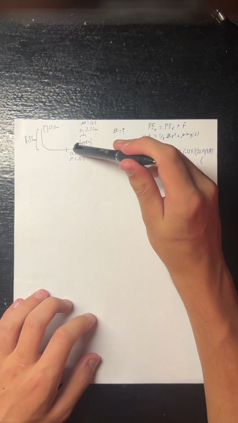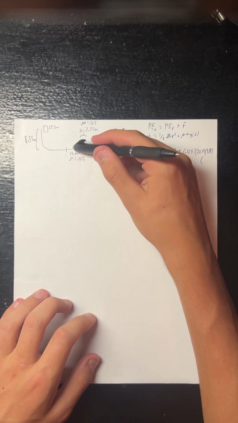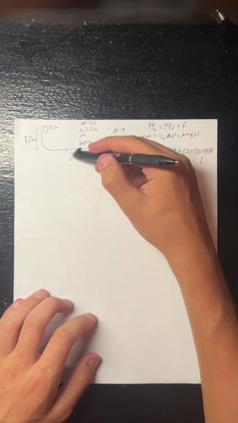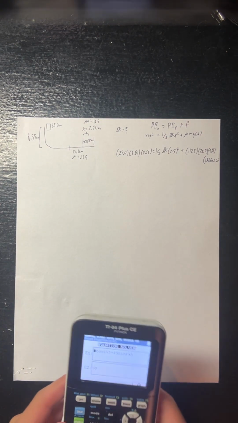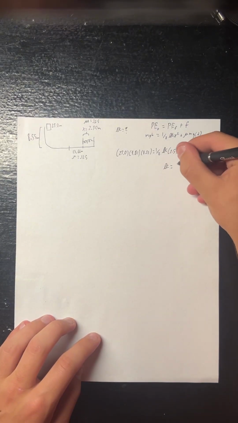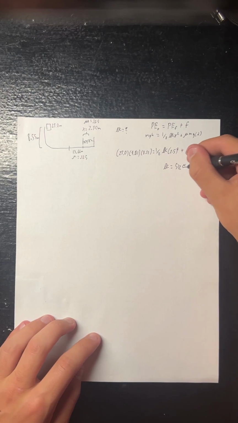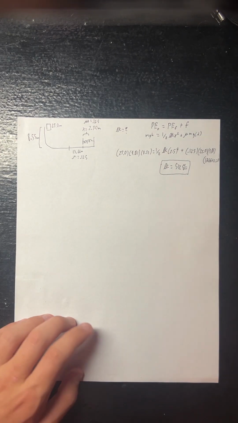This is 13.66. But it is traveling this distance as well. It's going into the spring a certain amount of distance, so you have to add these two distances together: 13.66 plus 2.5. Now if we go into our numeric solver, we plug this long equation in, and we get our k, which is 512, and the units are newtons per meter. So that is how to solve one of those questions.